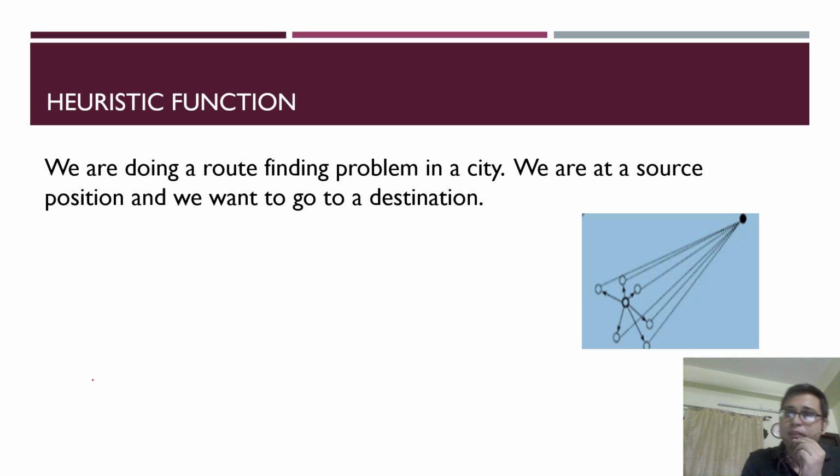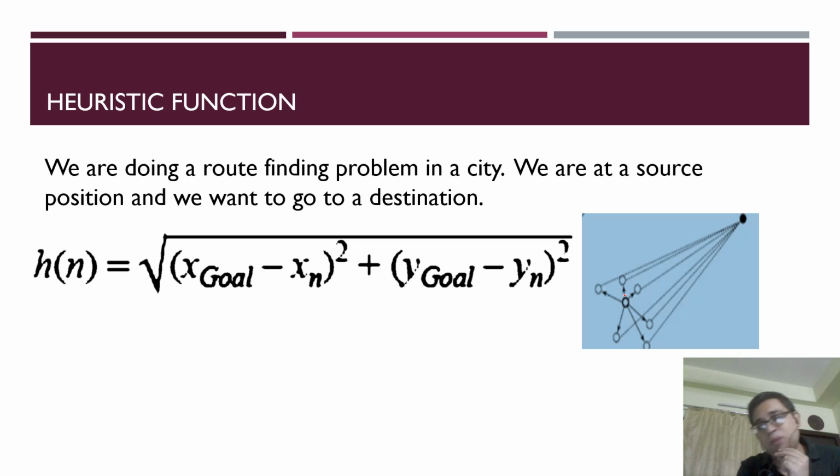Let's say we are doing a route finding problem in a city, and we are at a source position and we want to go to a destination position. So this is the source position and this is the destination position. One simple heuristic function can be this: if this is represented in terms of x and y coordinates in an xy plane, I will represent the goal as x goal and y goal.